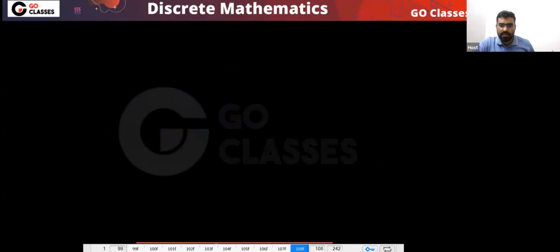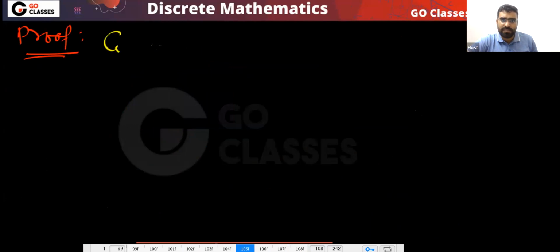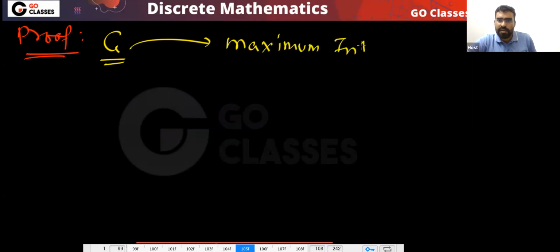See, let us assume. I am again telling you the proof. Let us assume you have a graph G. In this graph G, let us assume you have a maximum independent set S. Maximum means this is the largest; you cannot create a larger one than this.